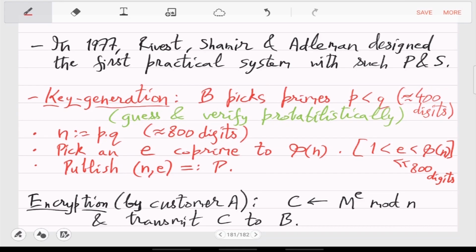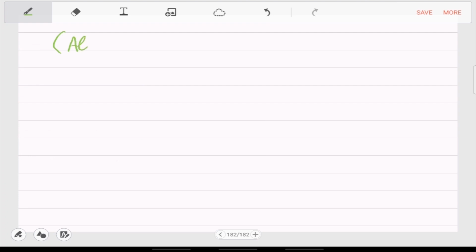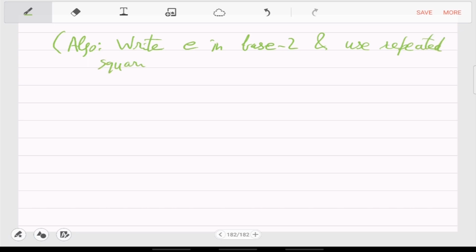And then computing m to the e mod n, you use the repeated squaring idea. So maybe I recall that. Write e in base 2 and use repeated squaring mod n.